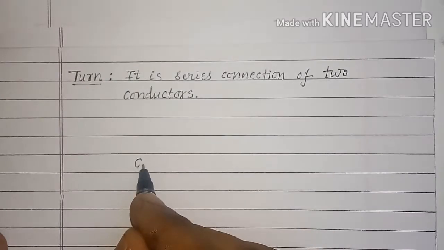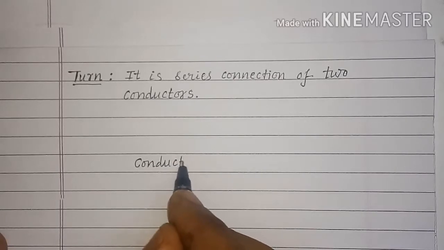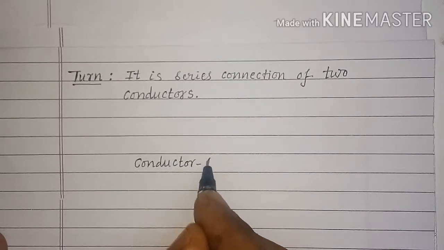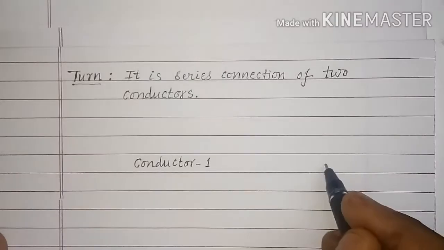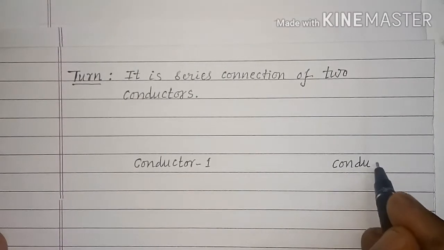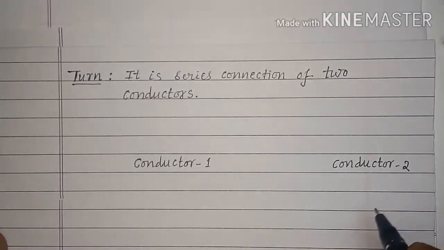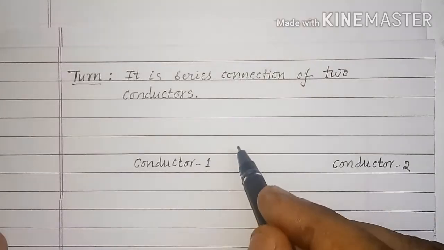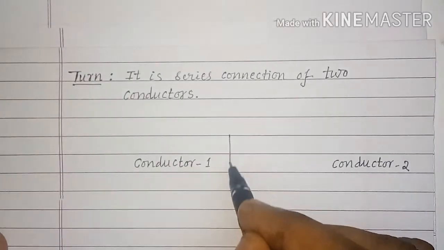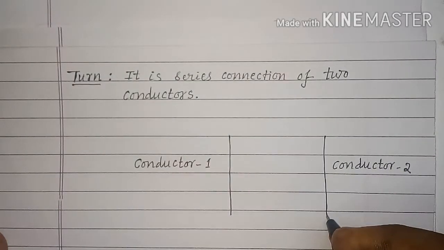For that we will take two conductors, namely conductor 1 and conductor 2. This is conductor 1, this is conductor 2.